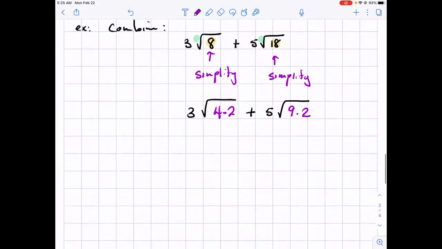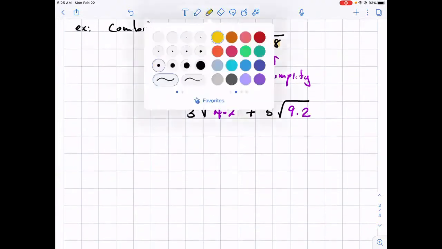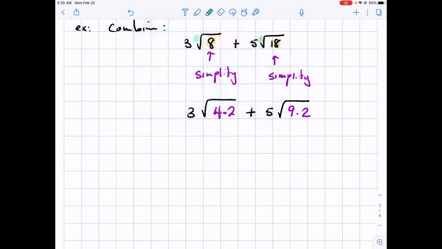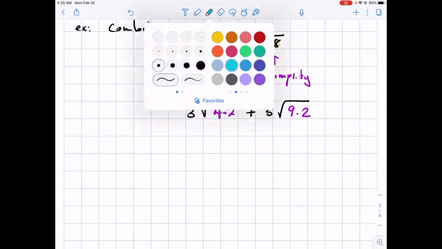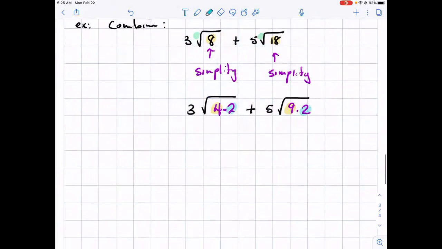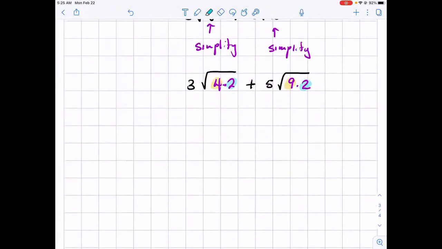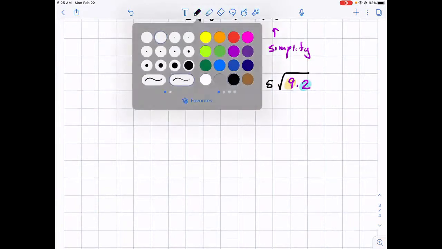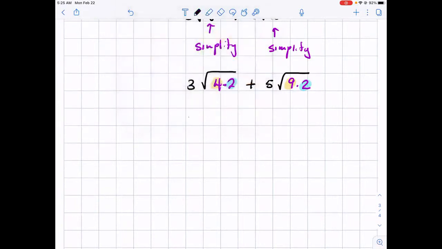So notice that when I choose my factors also, something to observe: we know that the 4 will be extracted out because we know the square root. But look at what the other factor is. The other factor you have is a 2. So they must have that in common. So we have 3, okay?